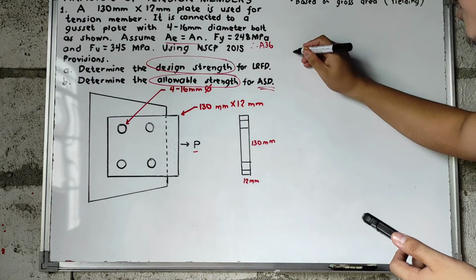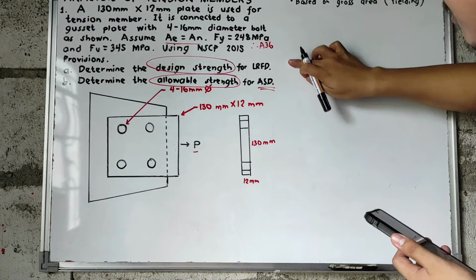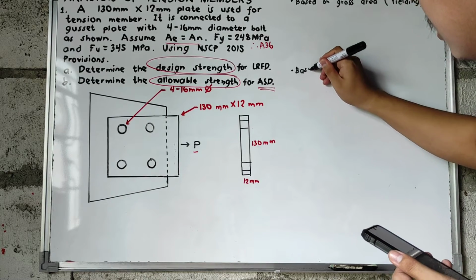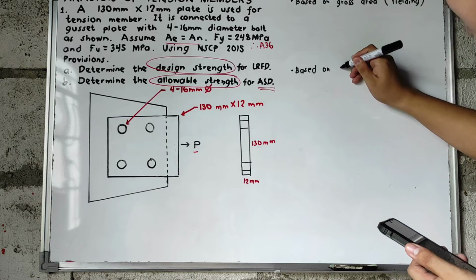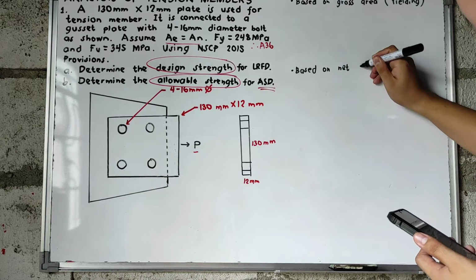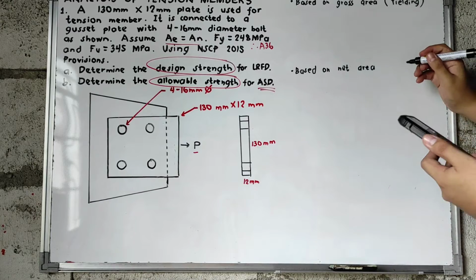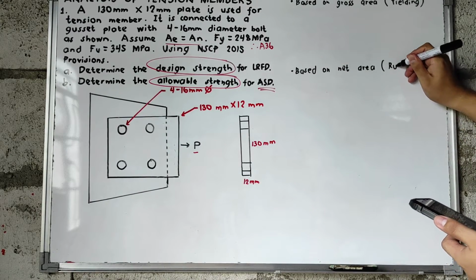When we consider the net area, we are dealing with rupture.